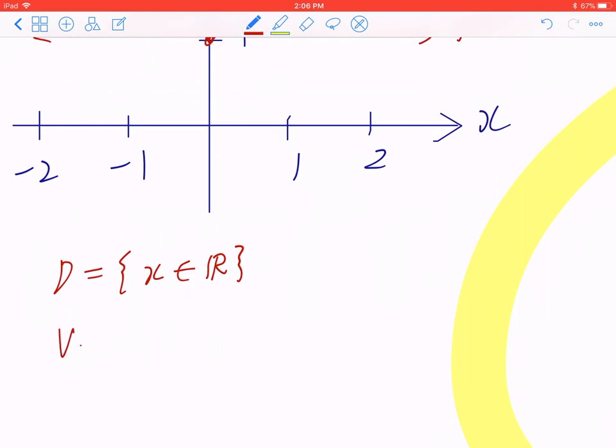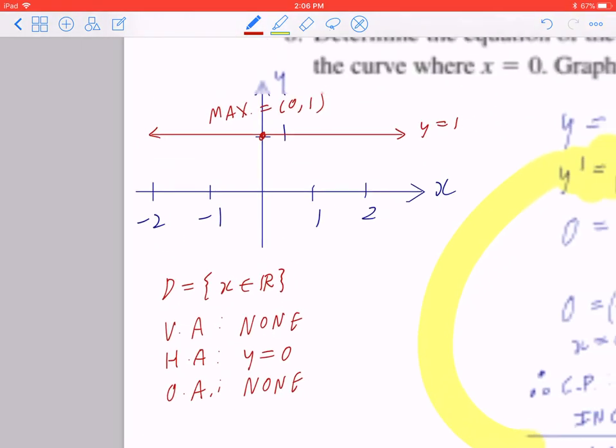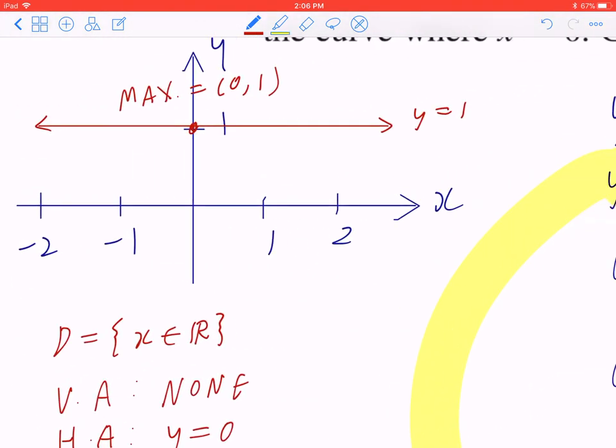If you think about the asymptotes, vertical, horizontal, and oblique, you would discover that there are no vertical asymptotes. There is a horizontal asymptote at y equal to 0, which implies there'll be no oblique asymptotes, and the asymptote's going to be right here. Don't forget to label this, and again, as you keep going, you discover that it decreases like that, and on the other side it'll be like that.